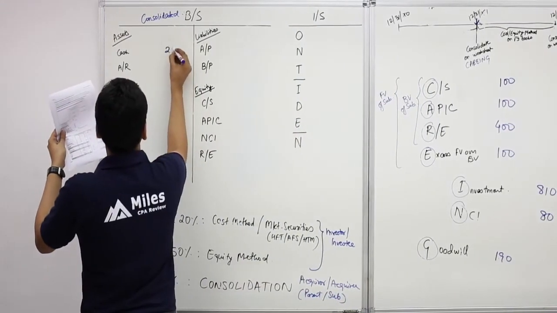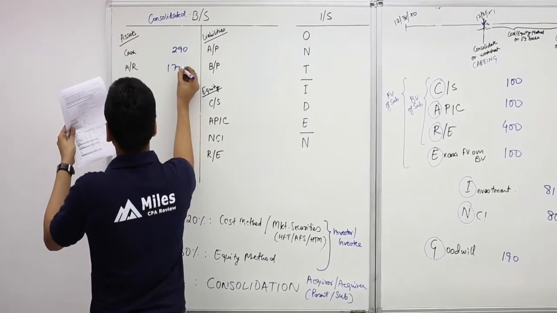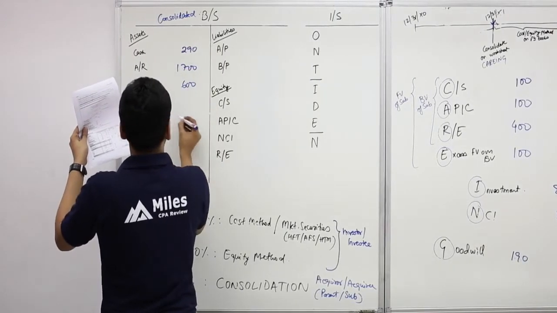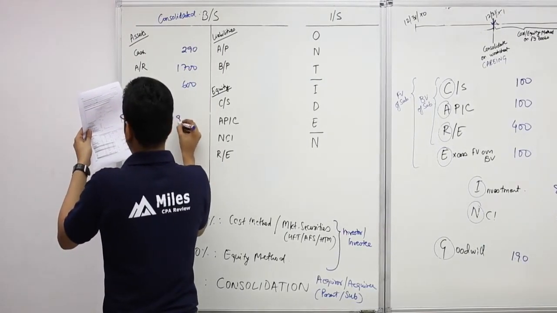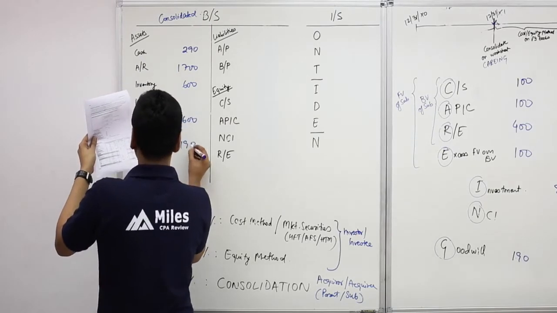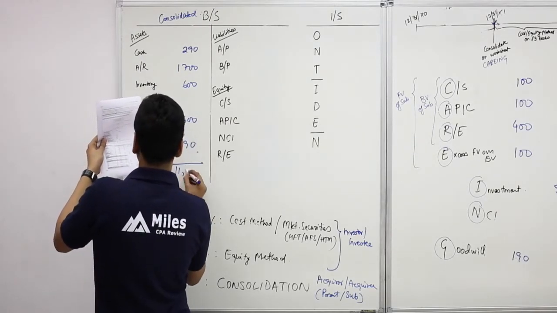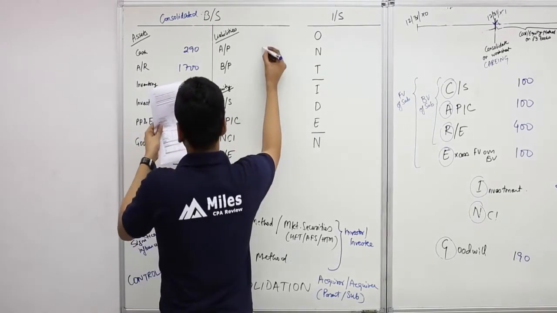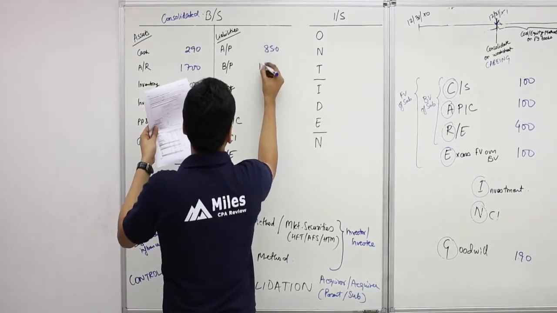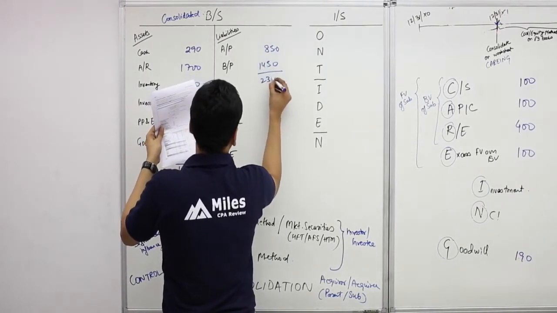Cash 290, accounts receivable 1700, inventory 600, equipment 8,600, goodwill 190 now, so that's 11,380. Accounts payable 850, bonds payable 1450, total 2,300.